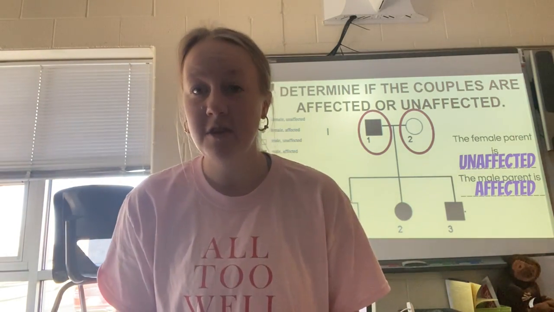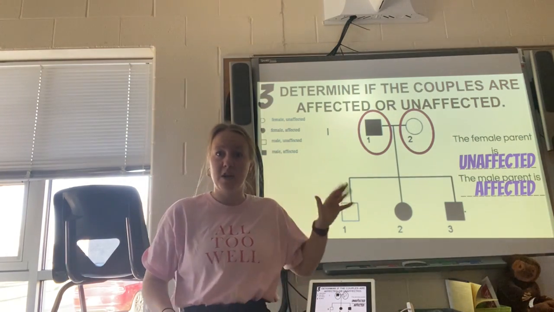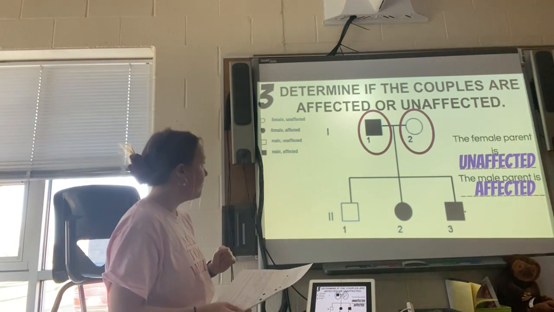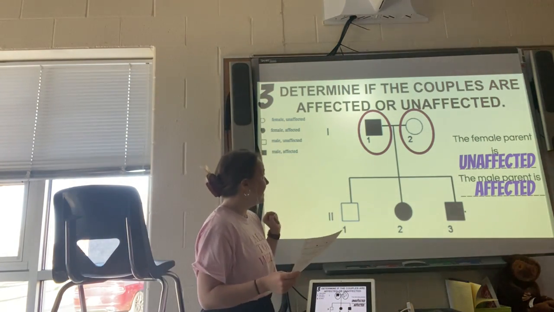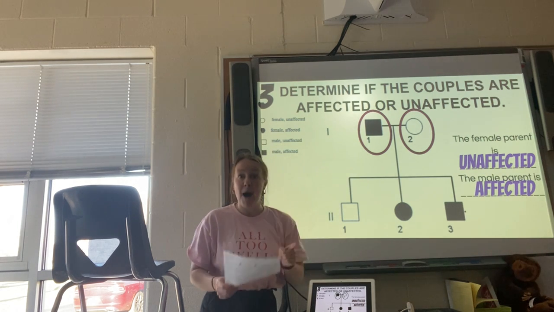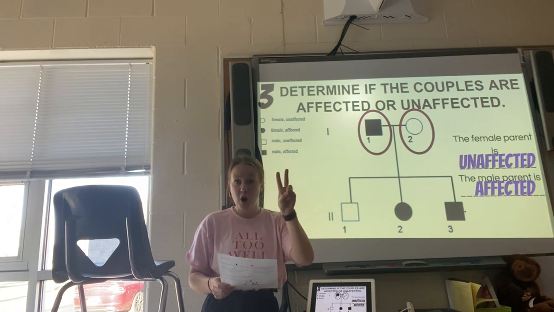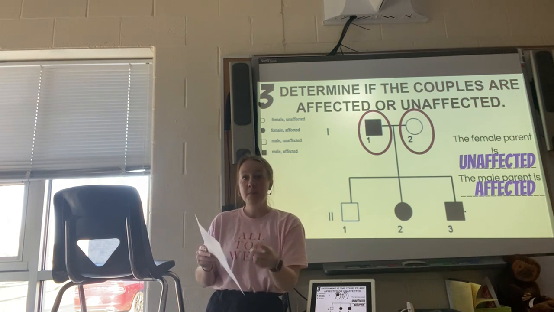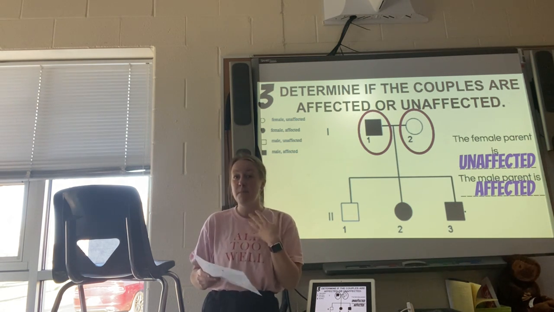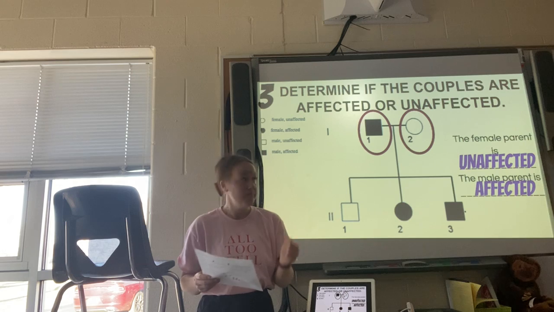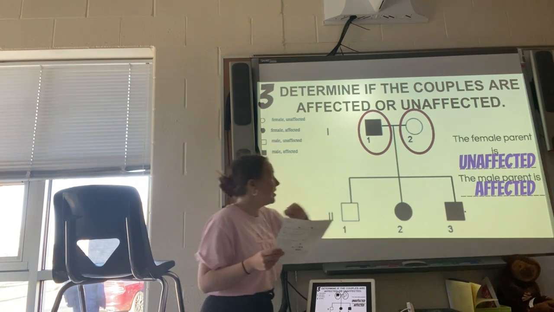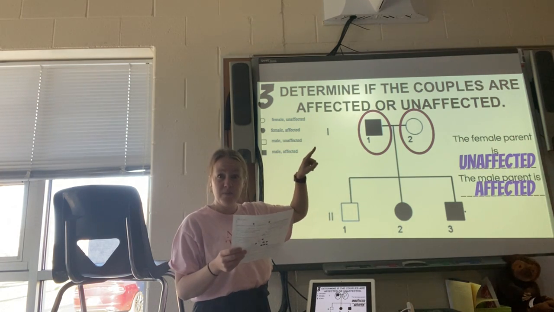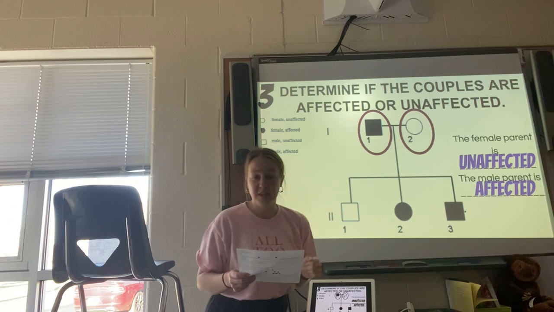Make sure that your pencils are down, your eyes are on me, so we can talk through this together. I look and I see this first one is a box and it's colored in. A box colored in means that that's a male, and it means that the male is affected. I then look at the second one, and it is a circle and it is not filled in.